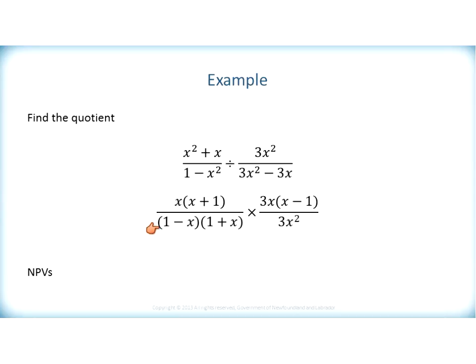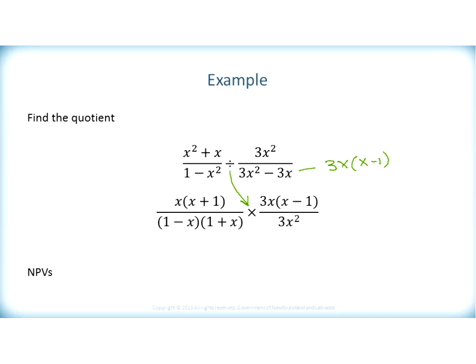So we have 1 subtract x, 1 plus x. Here, in the denominator of the second rational expression, this factors to be 3x inside of x subtract 1. And in the next step, since we're dividing, we multiply by the reciprocal.